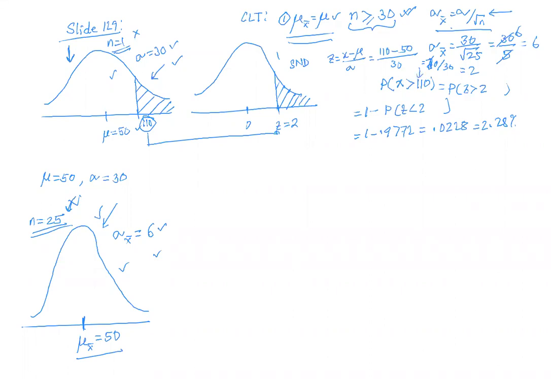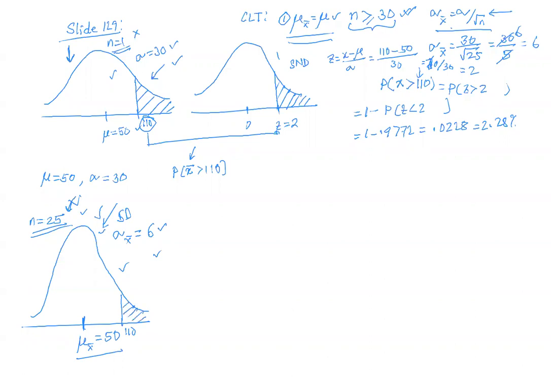Now find the probability that X bar, the average of 25 people, is greater than 120, I mean 110, okay? So 110 will be somewhere here, because we are talking about the average. So we must be looking at the sampling distribution, which is this one, right? And that is going to be this area.